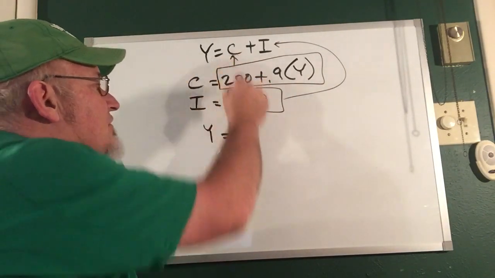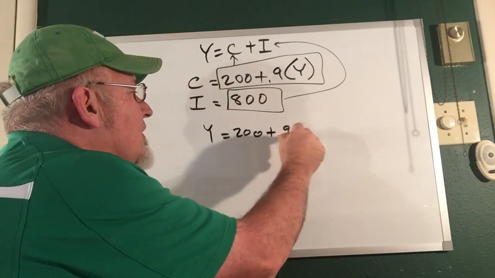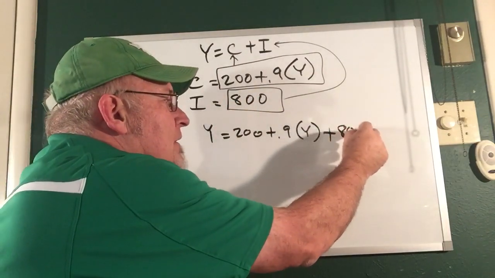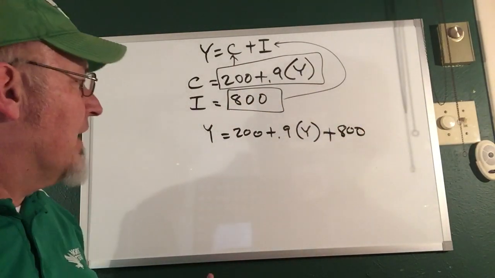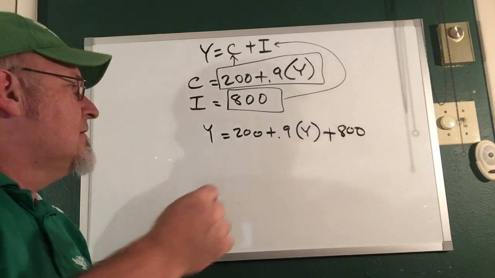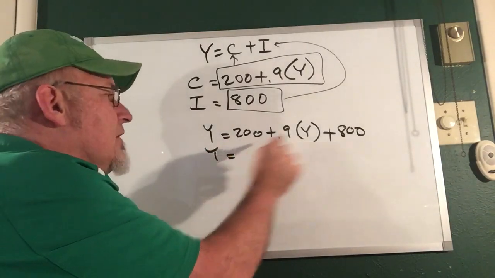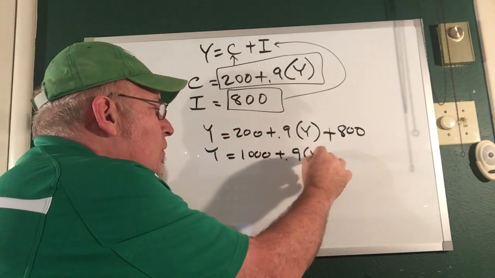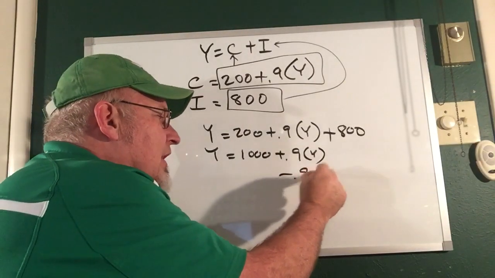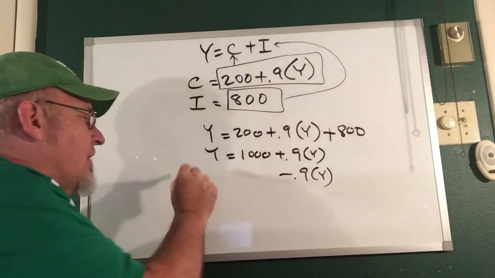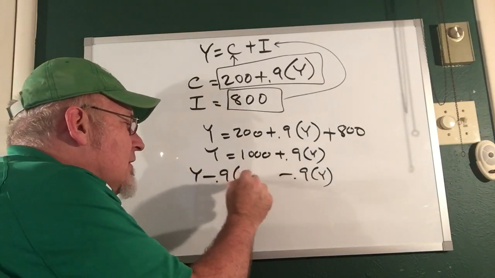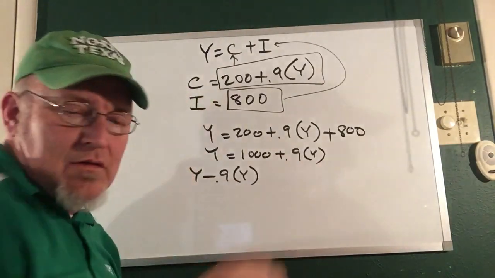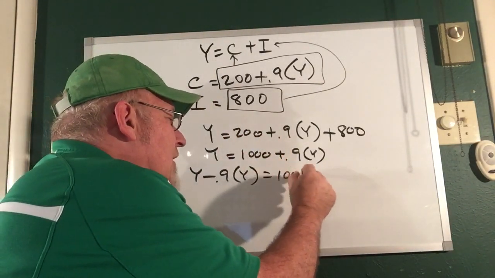So what does that become? Y equals, substitute that, 200 plus 0.9Y plus I, which is 800. Right? Okay, now it's just a matter of solving for Y. So Y equals 800 plus 200 is 1,000 plus 0.9Y. If I do negative 0.9Y on this side, then I have to do the same thing on this side, so that's Y minus 0.9Y, and that becomes 1,000.